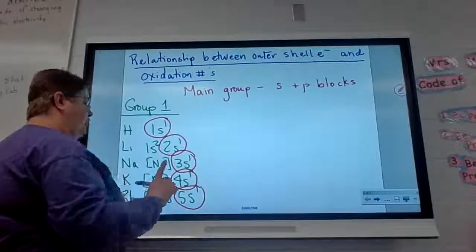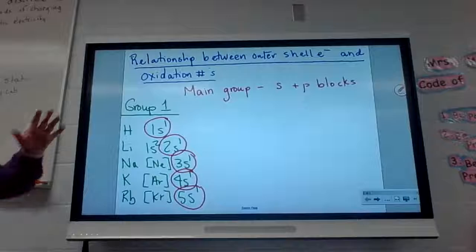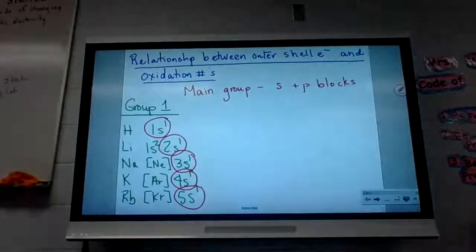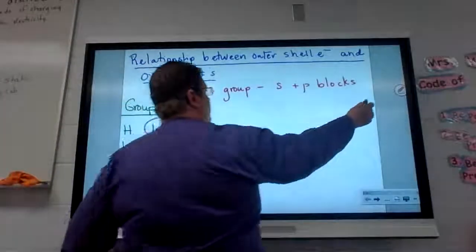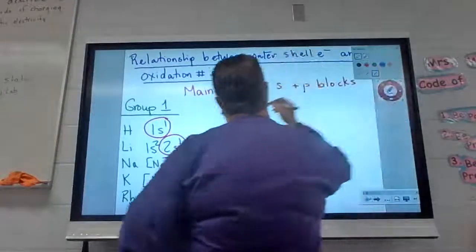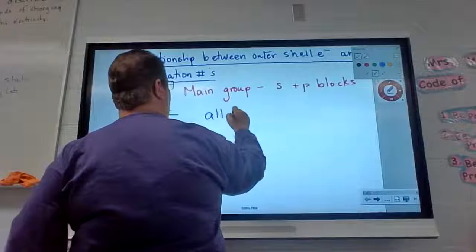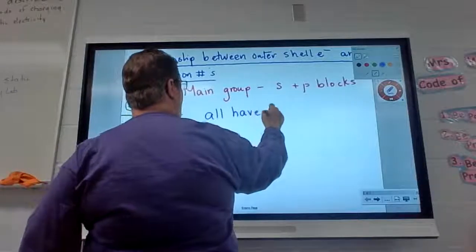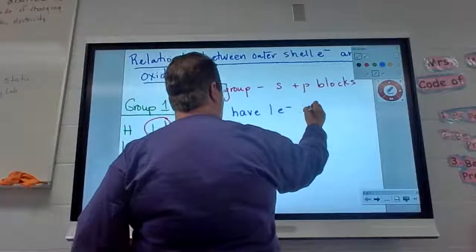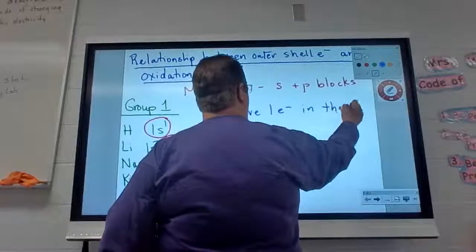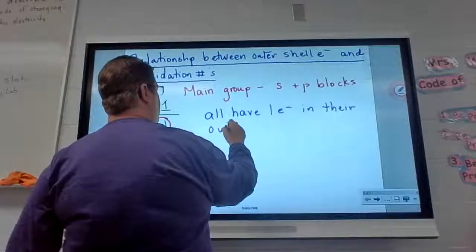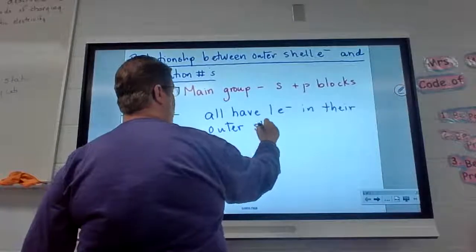Okay, so from there, what do all 5 of those elements have in common? All right, they're all in S sublevel. How many electrons do they have in their outer shell? 1. Okay, so they all have 1 electron in their outer shell.